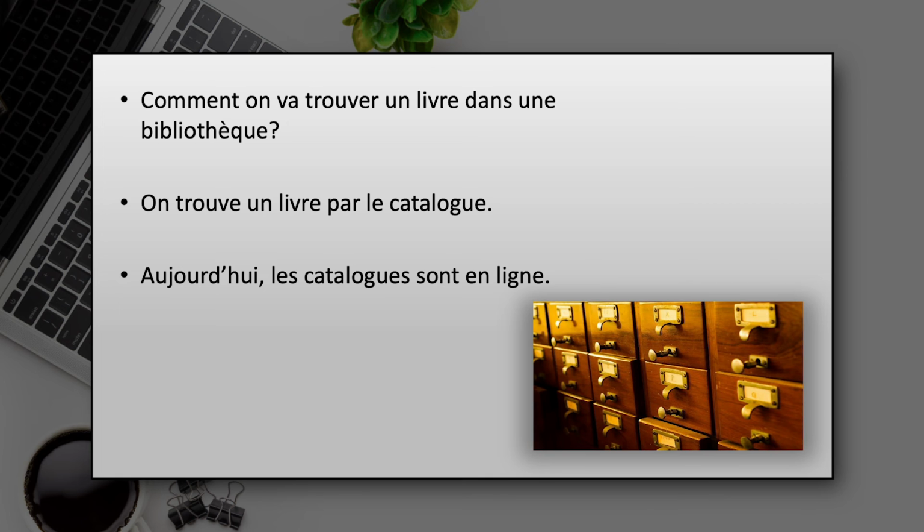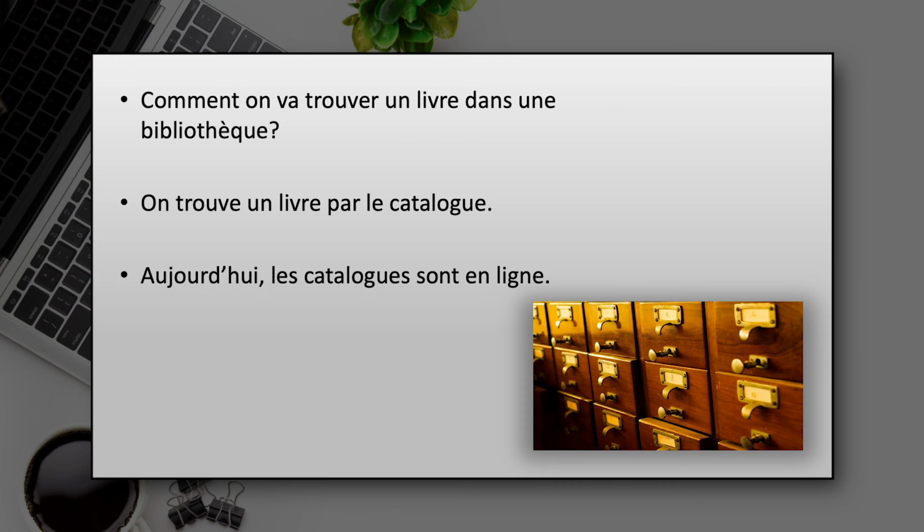So, on va trouver un livre par le catalogue means also we find out a book through the catalog or on the catalog. So, par has multiple translations in English. On trouve un livre par le catalogue.